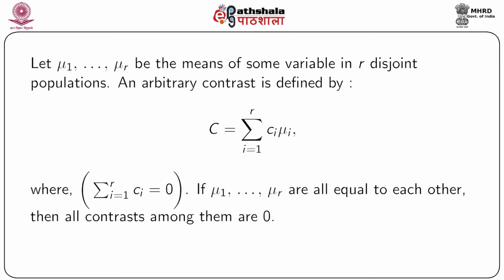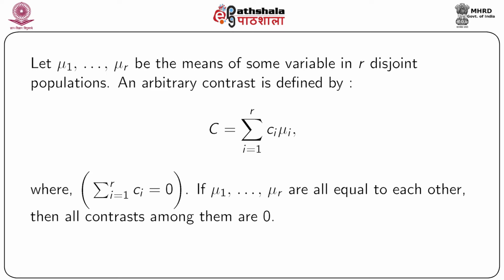So an arbitrary contrast can be defined by C equals summation i equals 1 to r c_i mu_i, where the summation of the coefficients c_i has to equal 0. So if mu_1, mu_2, ..., mu_r are all equal to each other, then all contrasts among them are 0. Otherwise, some contrasts differ from 0.